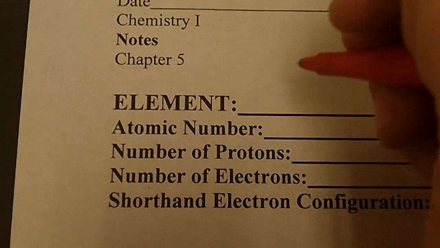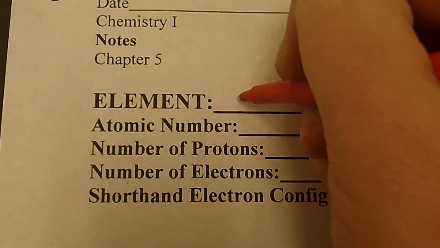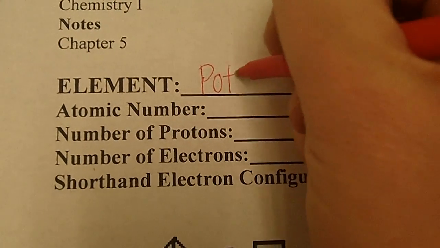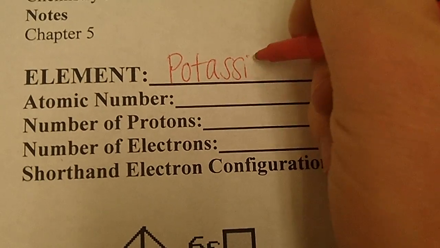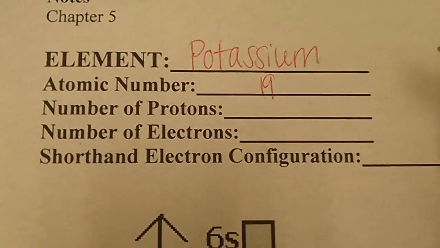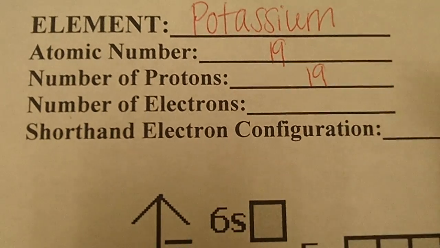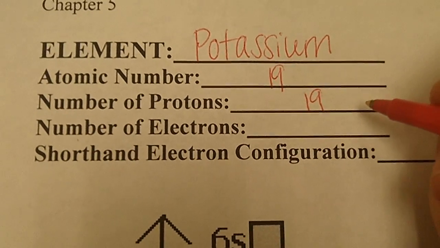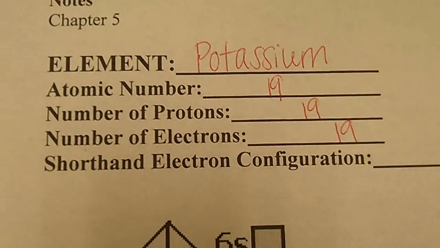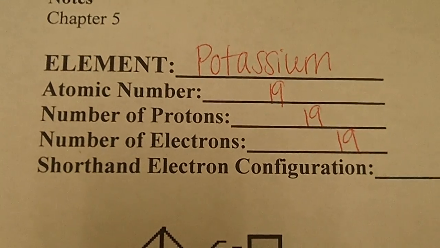And just like in class, and I will show this in the practice problems, you would write the element, in this case potassium. It has atomic number 19, therefore it has 19 protons, and if it's a neutral atom, in this case it is, it also will have 19 negative charges or 19 electrons.